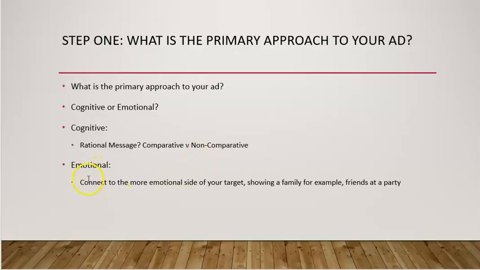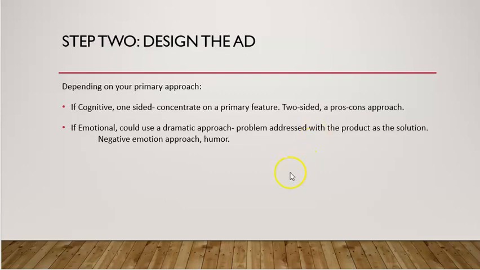I'm not going to say more logical, but it just presents things in a logical way. And an emotional message is really trying to connect more to the emotional side of the target. For example, showing a family enjoying the product, or friends at a party enjoying the product, so there's an emotional element to it. So you want to focus on which one of those you're going to work on.